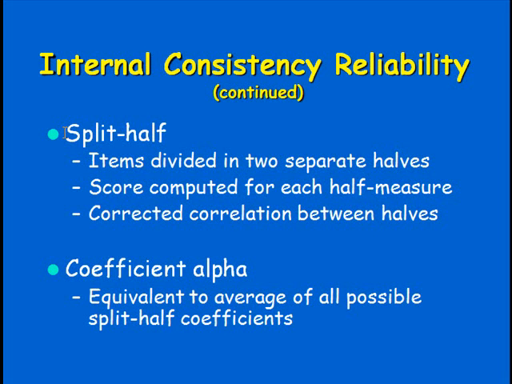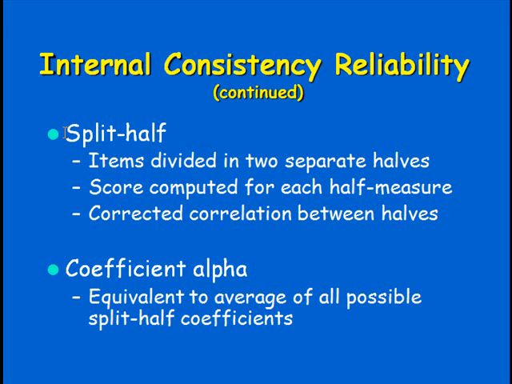Now you could divide them in many different ways. You could do odd versus even. You could randomly pick 5 and then take the other 5. And so hopefully you can see that the best measure would be a combination of all possible split halves, and that's exactly what coefficient alpha is.